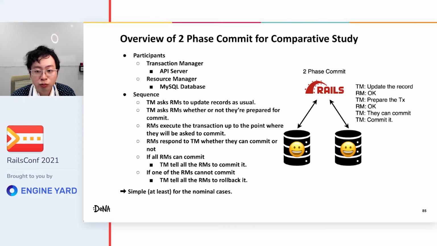This is simple at least for nominal cases. You can see the more casual description of the sequence in the picture on your right-hand side. Here, the transaction manager asks resource managers whether they can commit or not. The transaction manager is asking for an explicit agreement here.